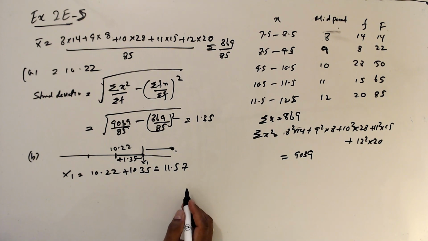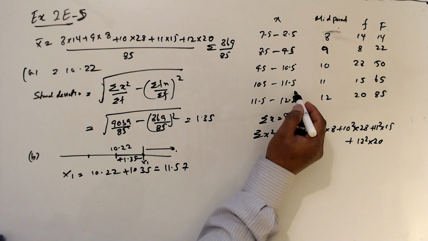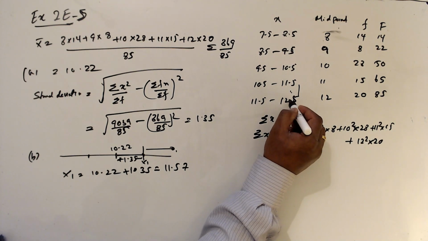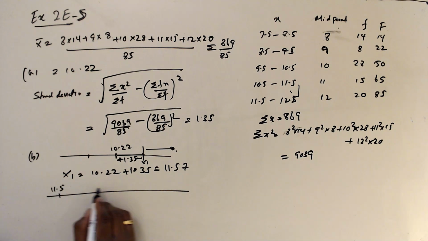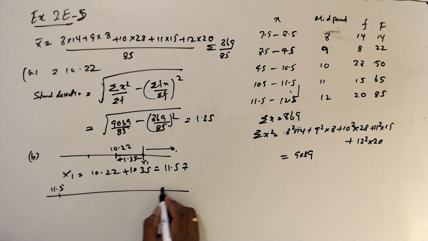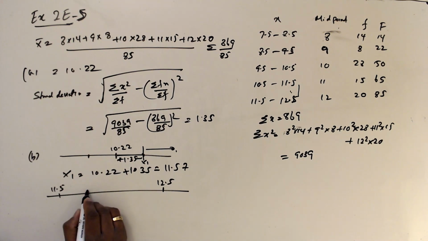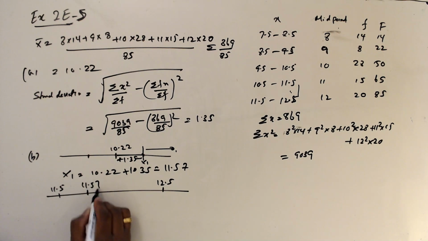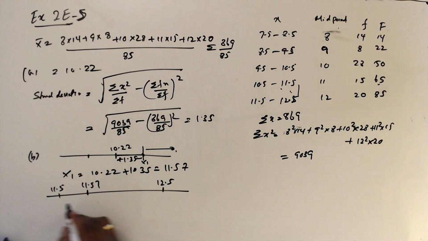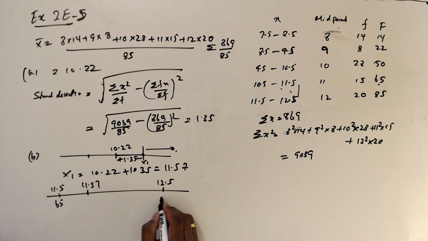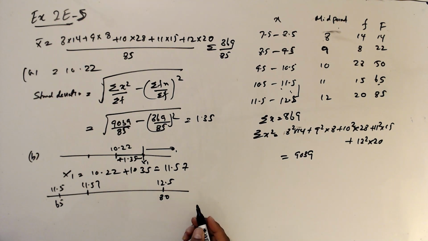Now we have to interpolate 11.57 in this area. It means this lower bound 11.5, upper bound 12.5, and in the middle 11.57, and the relevant value is 65 at the lower bound, and up to here 85 students.